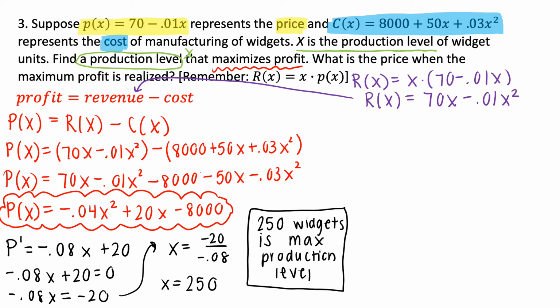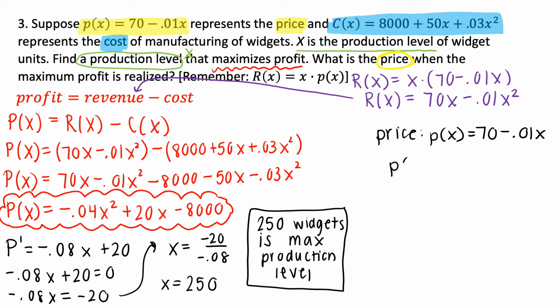Then they gave us a bonus question. They said, what is the price when the maximum profit is realized? So we know if we sell 250 widgets, that's how we'll get our maximum profit. So then the question is, how much should we charge people? So the price is our lowercase p of x equation, which was 70 minus 0.01x.